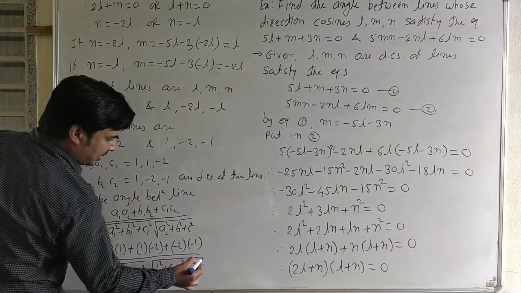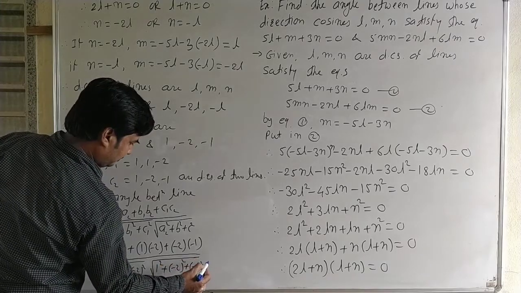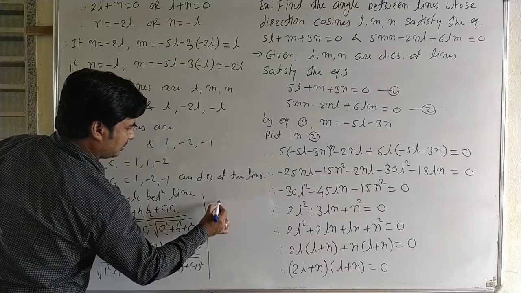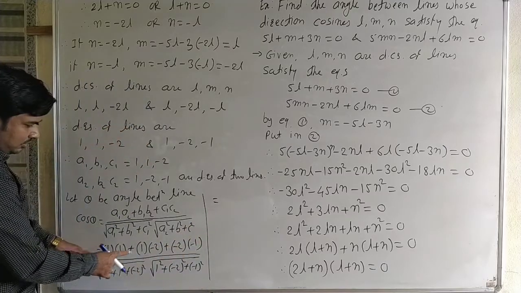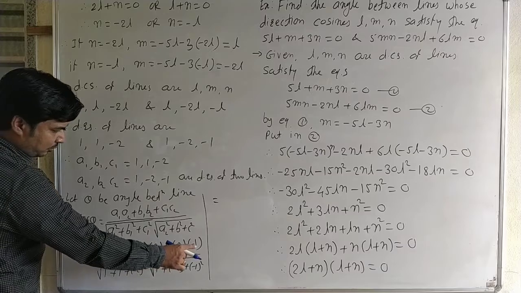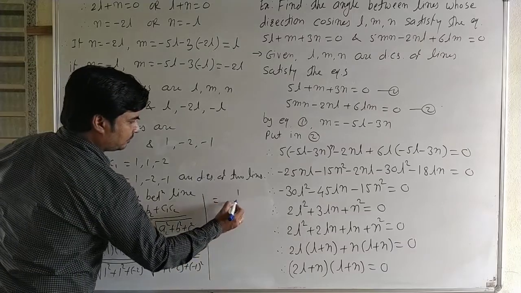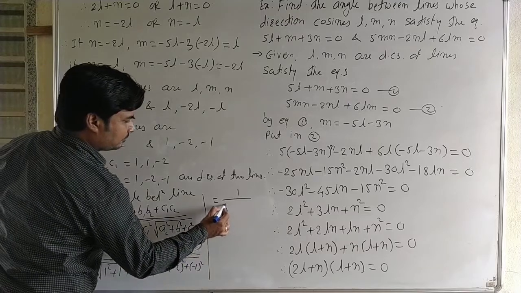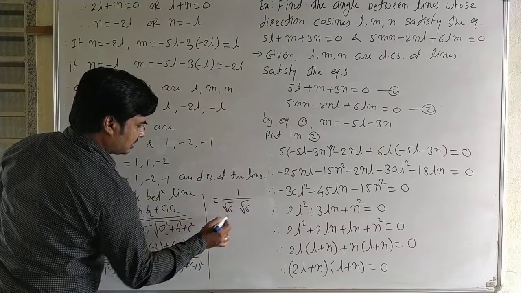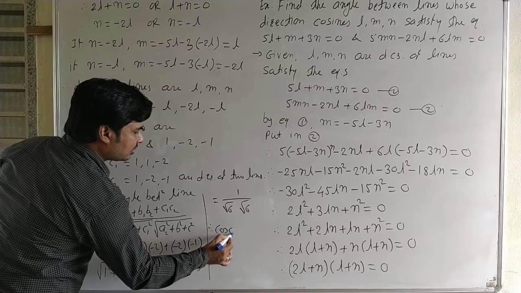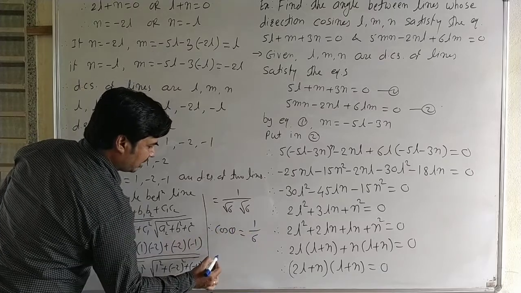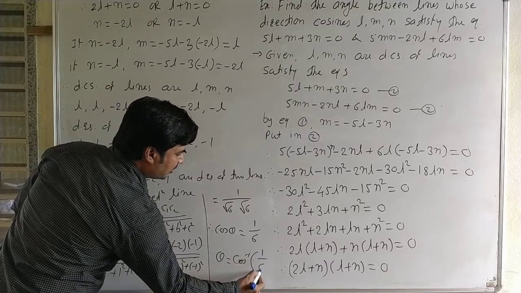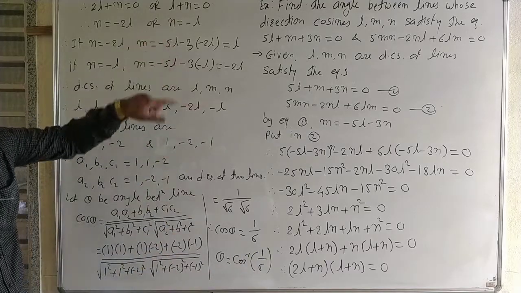Okay, and then this calculation: 1 minus 2 plus 2, and minus 2 gets cancelled, here 1 upon under root 6 under root 6, and therefore cos theta is equal to 1 by 6 and then theta is equal to cos inverse of 1 by 6. It is the angle between two vectors.